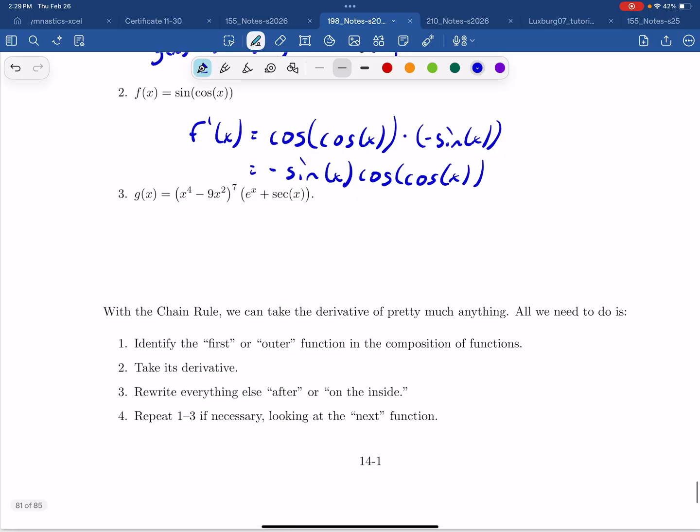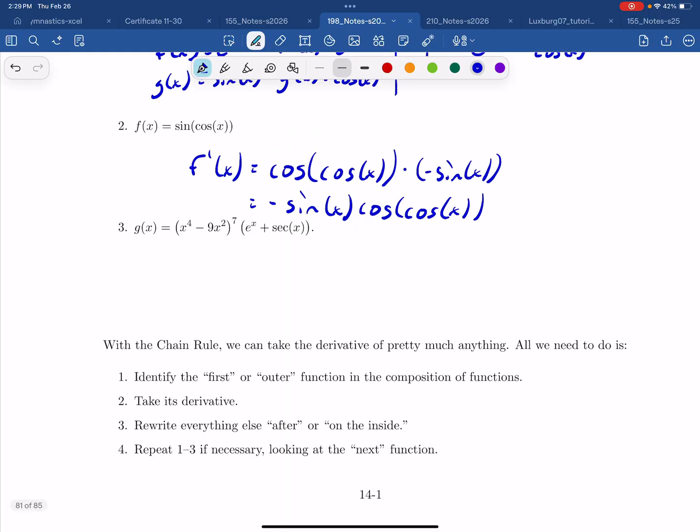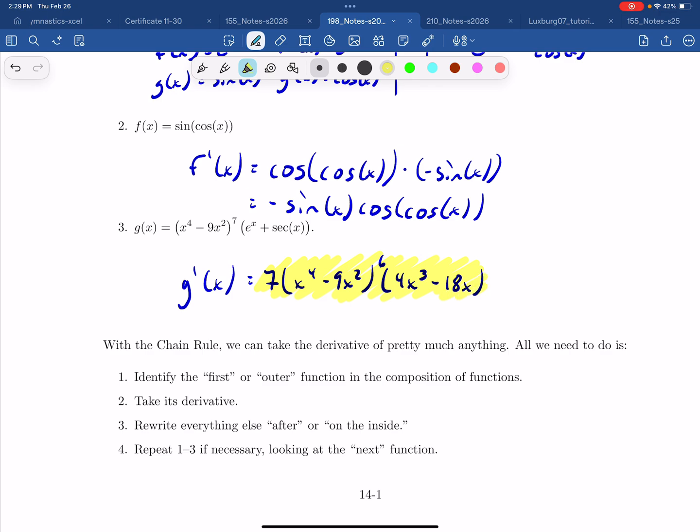Whoop, and then here we have something a little more complicated. g prime of x equals, so here's the chain. f of x is x to the 7th, g of x is the inside. Keep the inside the same, times the derivative of the inside. Now, by the way, this whole thing right here is the derivative of this right here.